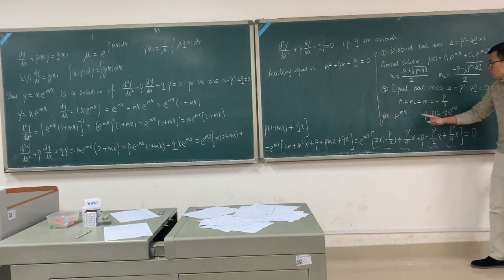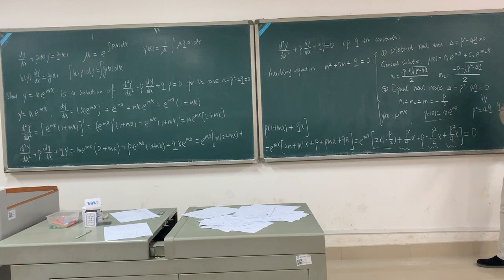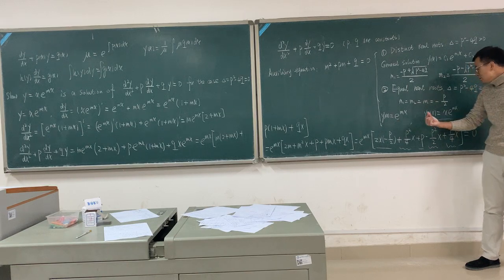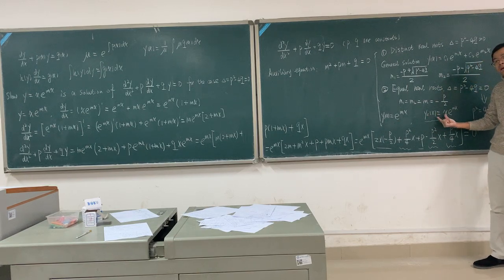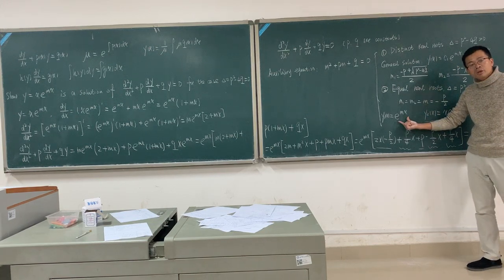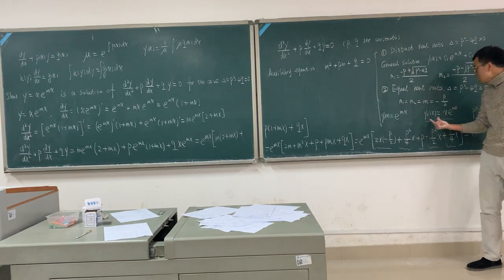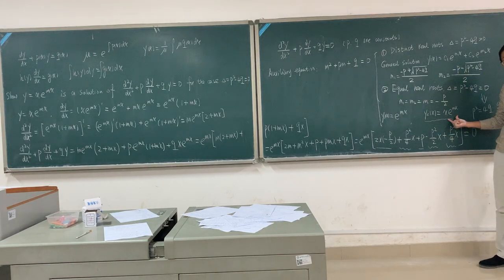Now we can see this solution does not equal a constant times the other solution, or vice versa. So this tells us these two solutions are linearly independent.